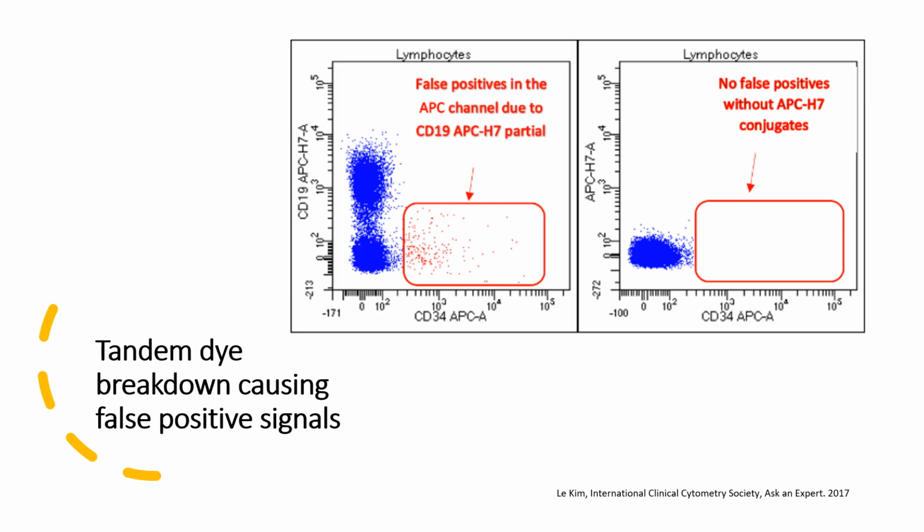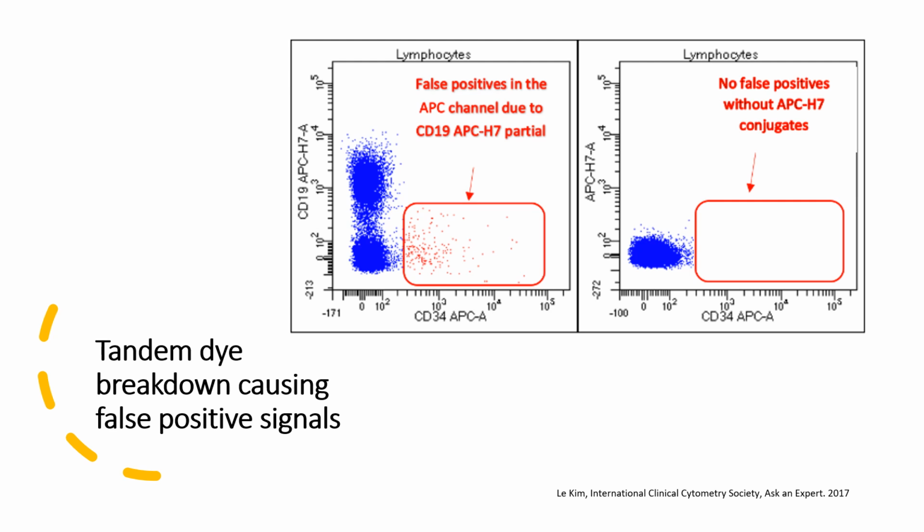Here is an example of the tandem dye breakdown causing false positive signals. In this example, we have APC bound to CD34 antibody, and we have APC-H7, which is a tandem dye conjugated with CD19 antibody. APC-H7 is a tandem dye with APC as the donor and H7 as the acceptor.